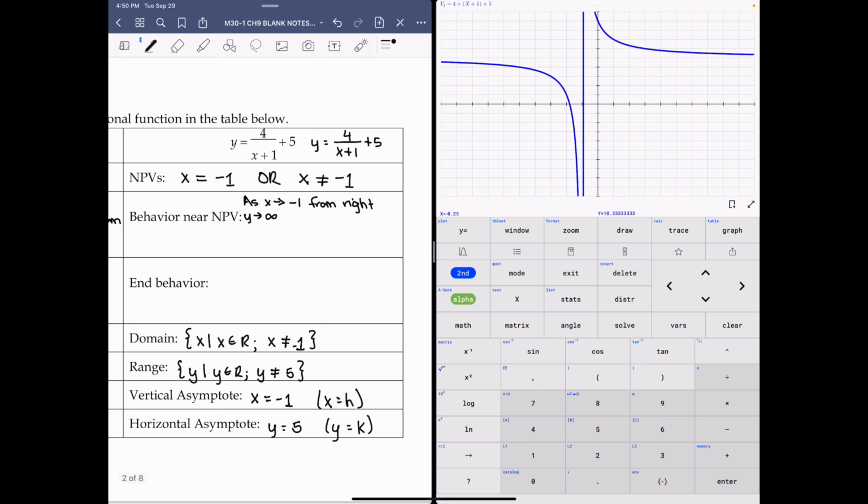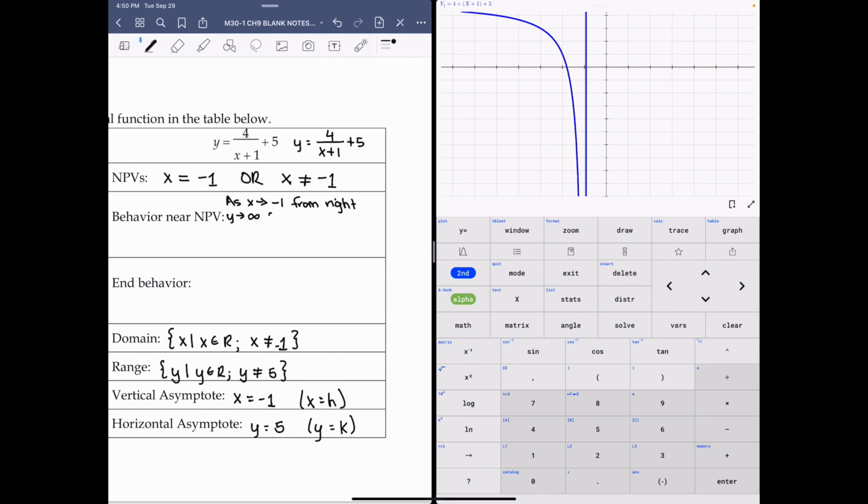And then as x approaches -1 from the left, y is getting smaller and smaller and smaller. As x approaches -1 from the left, y approaches negative infinity.